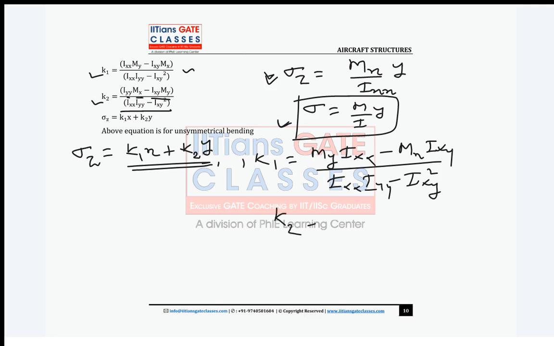Because in aerostructure, bending is predominant, one of the most important loadings. In a wing, what is the most important loading? Bending is one of the most important loadings, so I will have a lot of bending load. That's why a spar is used. So everywhere this formula comes into the picture when you go for aerostructure analysis.